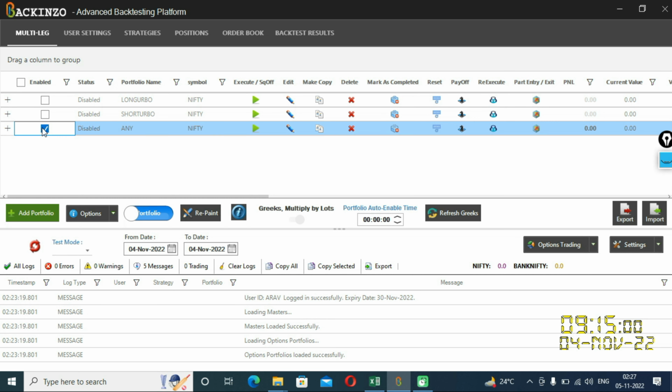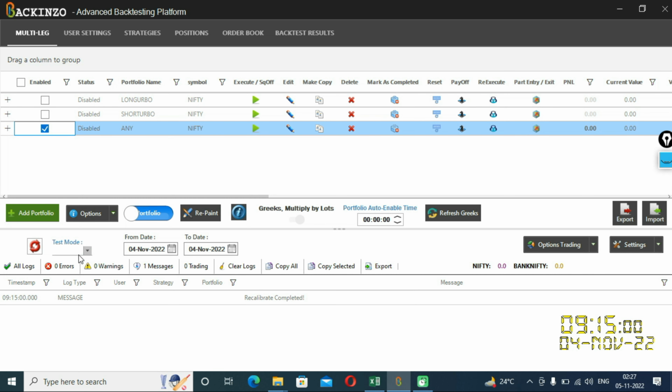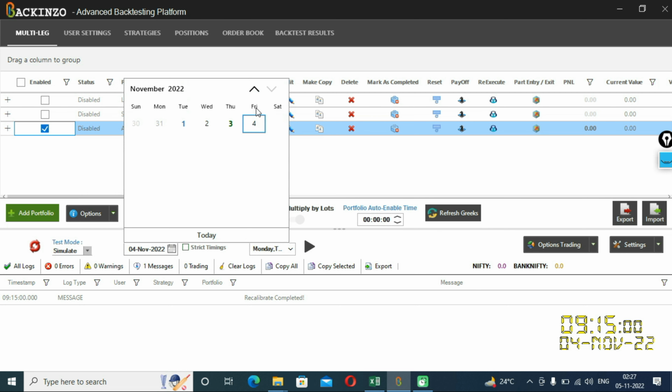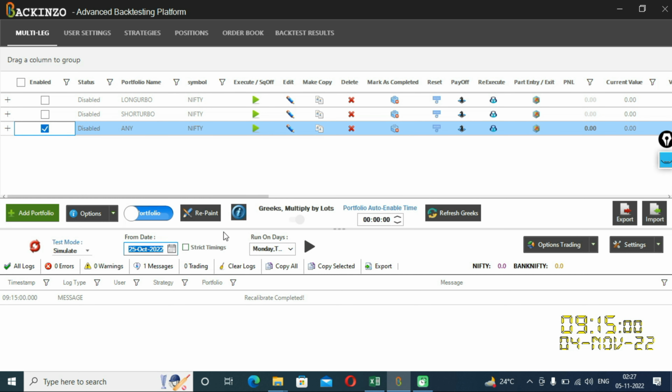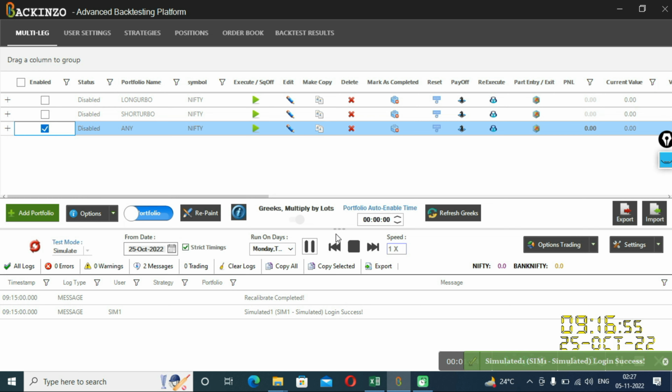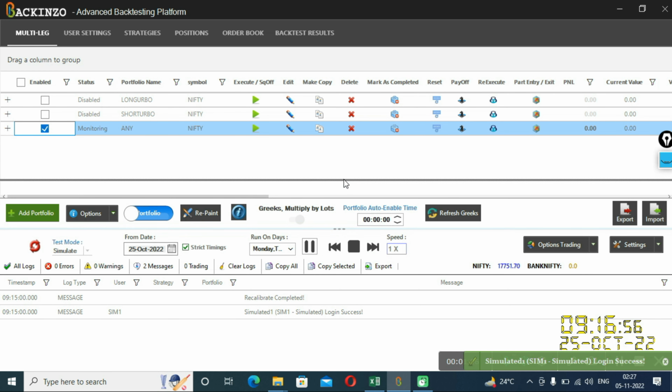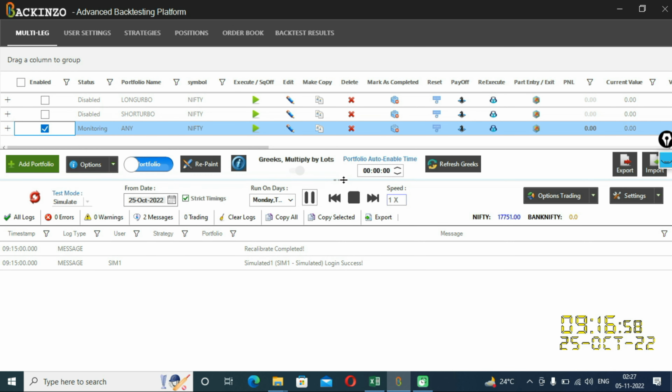I'll run it over simulator, recalibrate it. I am choosing, let's say, 25th October 2022, strict timing on, play. I'll use these three dots to enlarge the view.